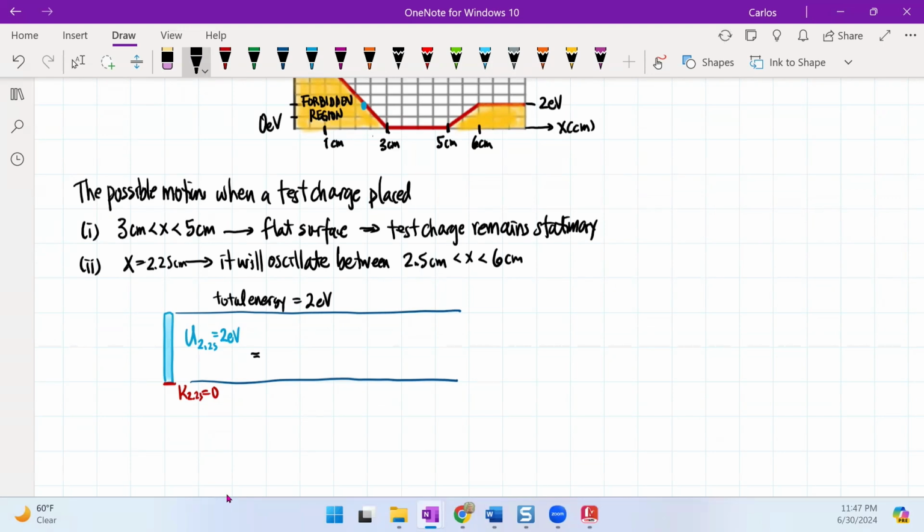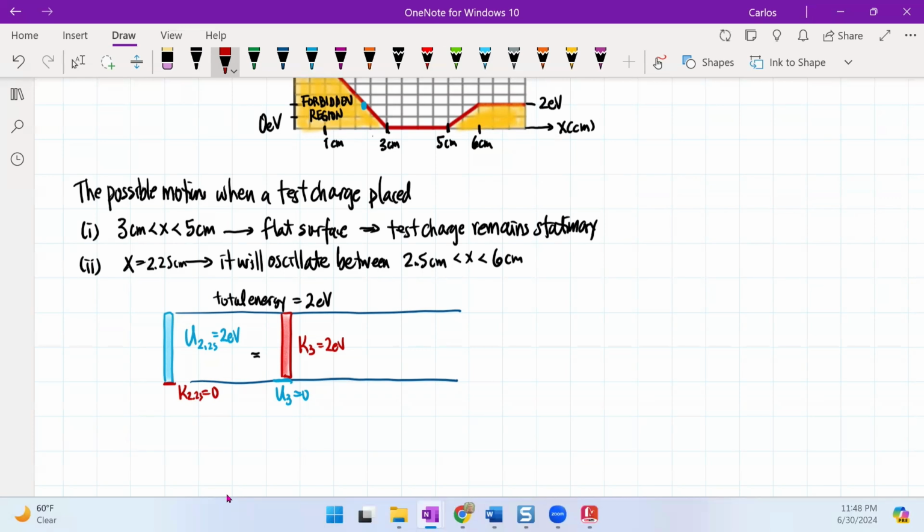So if I look at the potential at 3 here, that's 0 because we're at the bottom. So that tells me that the rest of the energy must be kinetic energy. In this case, that kinetic energy has to be 2 electron volts.